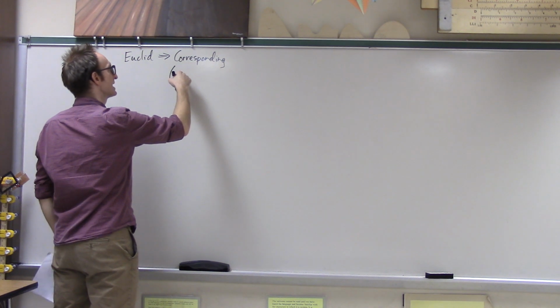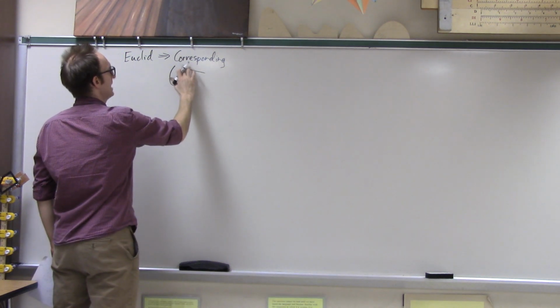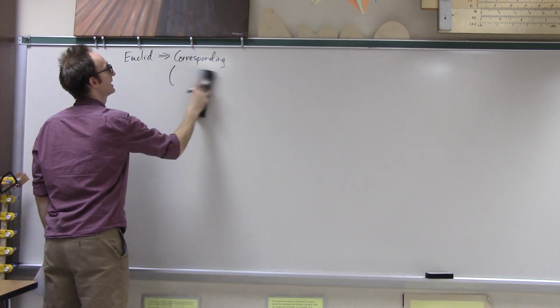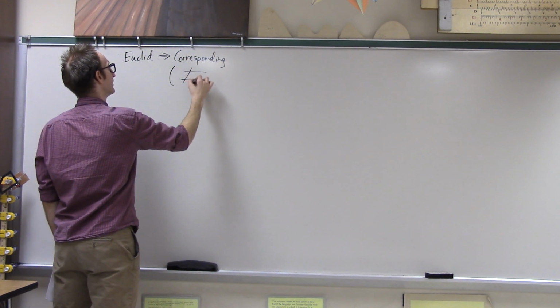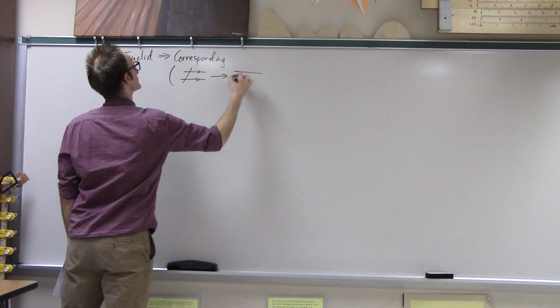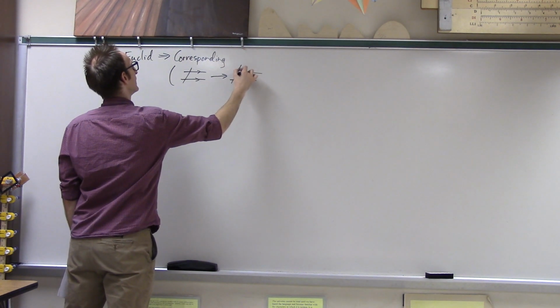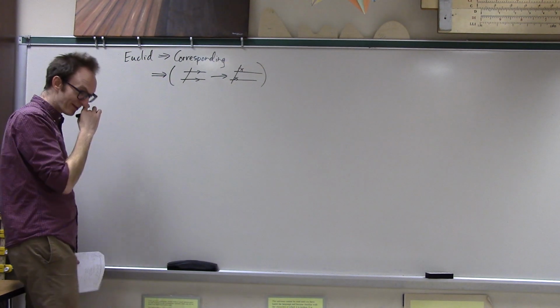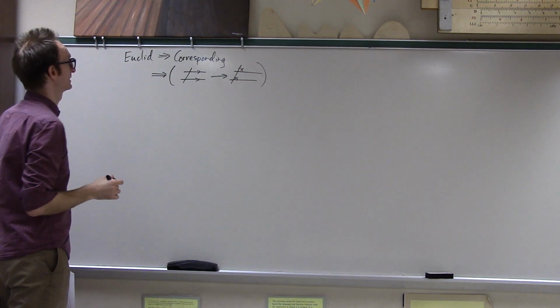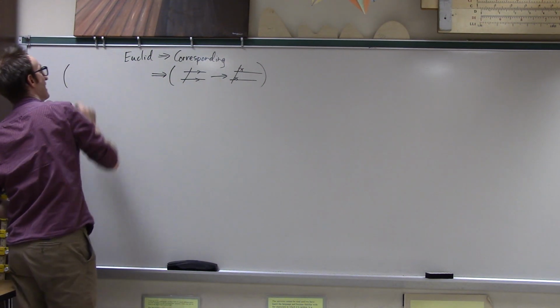Well, what is the corresponding angles postulate? It's the theorem that says if two lines are parallel, then the corresponding angles are equal. But Euclid is itself a conditional, as most math theorems are.